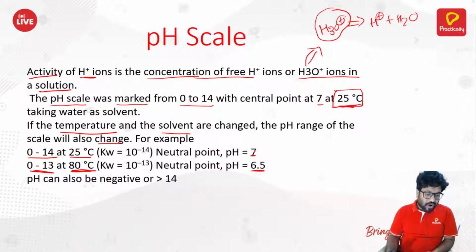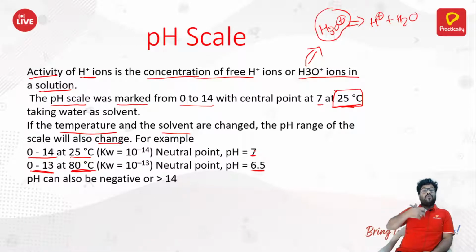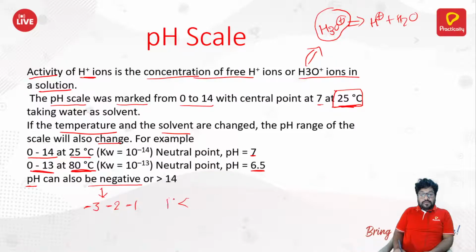I hope you have understood what I'm trying to convey here. One more thing: your pH can also be negative. Remember this point. Your pH can be -3, -2, -1, and it can also be greater than 14. It can be 15, 16, 17, like that.